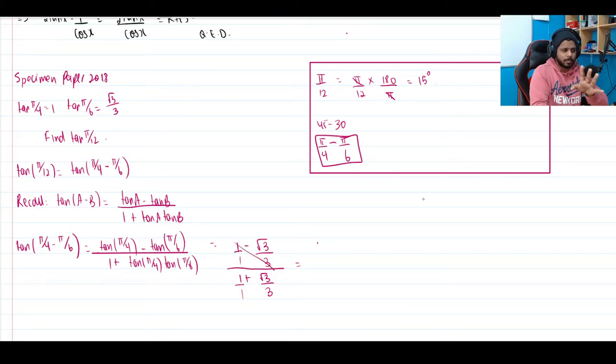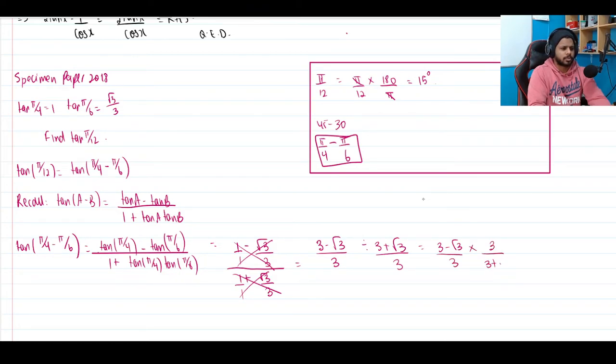Root 3 minus root 3, all over 3 divided by 3 plus root 3, all over 3. So 3 minus root 3 over 3 multiplied by 3 over 3 plus root 3. You cancel with you. 3 minus root 3 over 3 plus root 3.